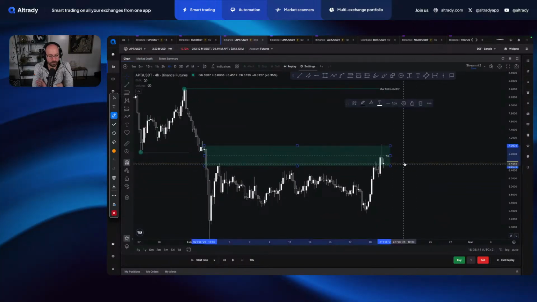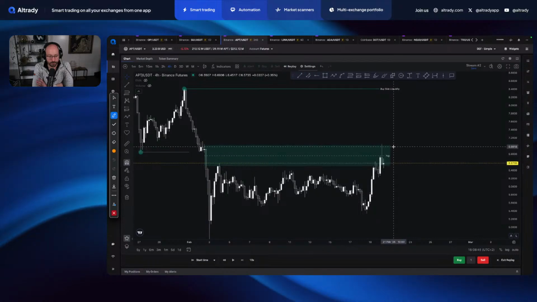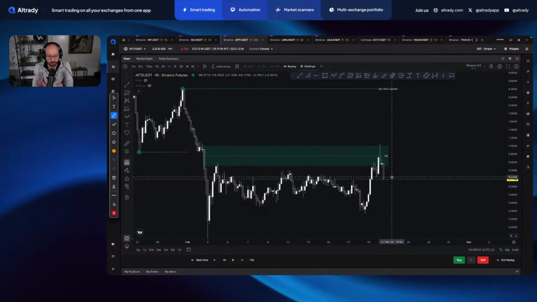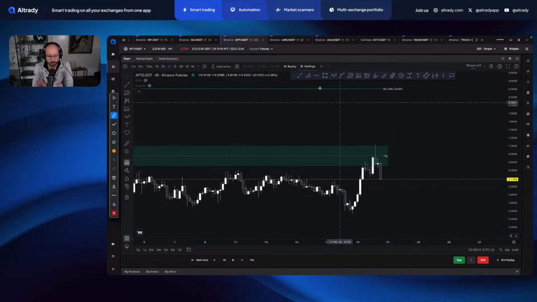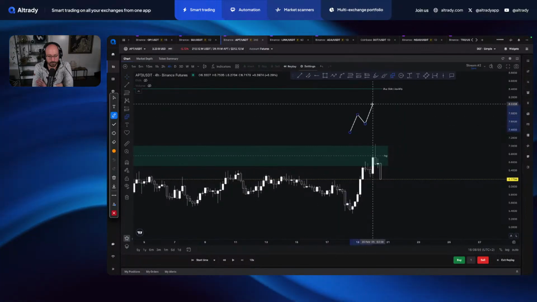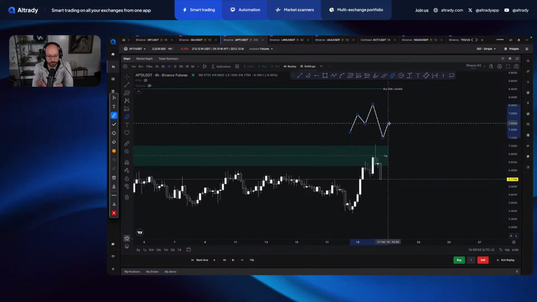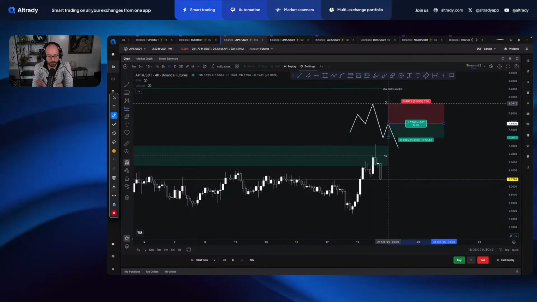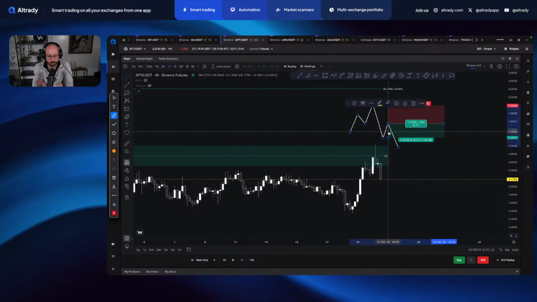You can see that price has fulfilled this fair value gap and is now going down. And already on the 4-hour time frame, you can see this pattern forming. This one, where we could enter a short position, like that.